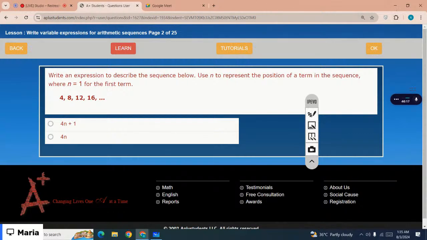The correct option is 4n. The numbers are the product of 4, right? So 4, 8, 12, and 16 is the correct option.